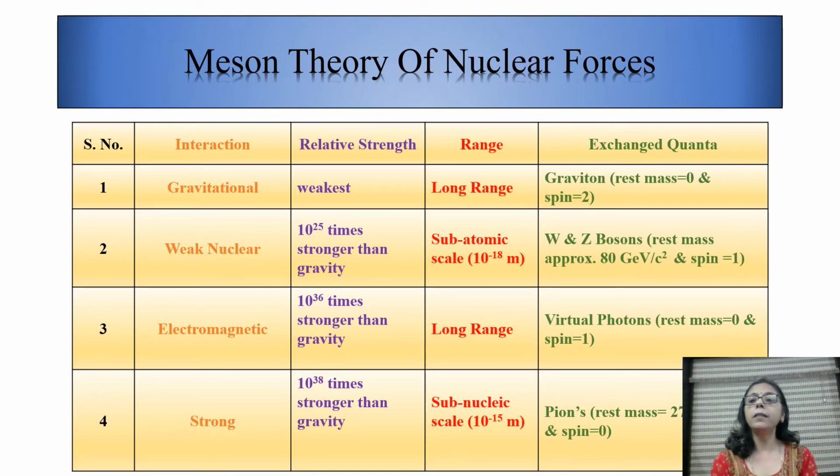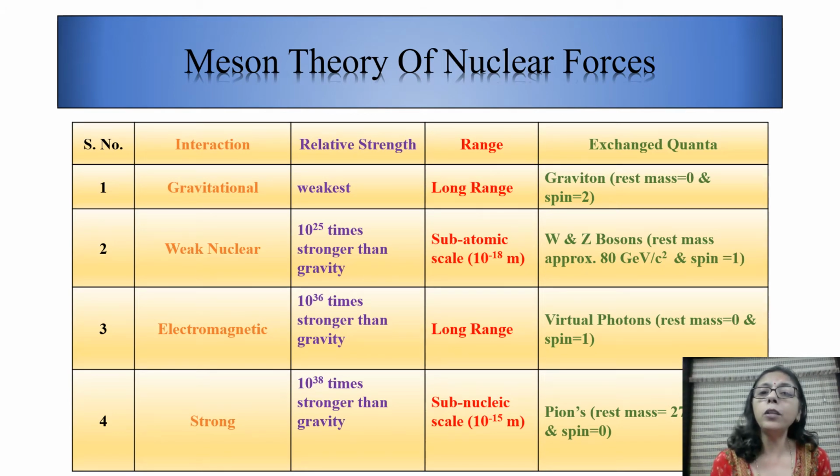Now this is a table which gives us a comprehensive idea about the different types of interactions, their relative strengths, the range to which these interactions act, and also about the exchanged quanta.